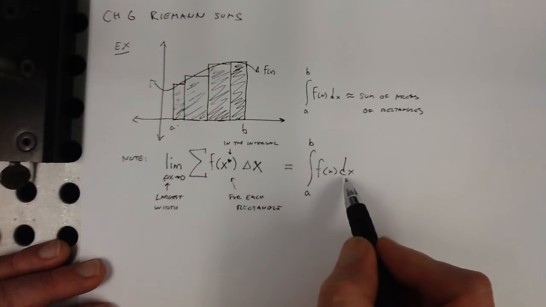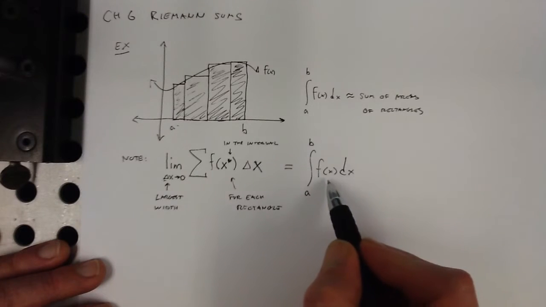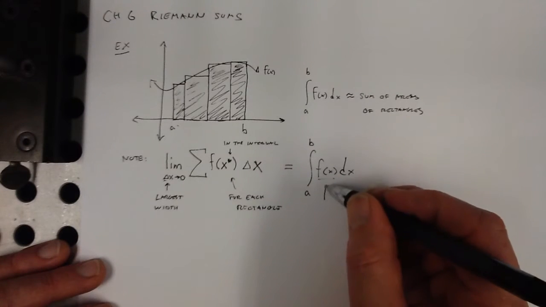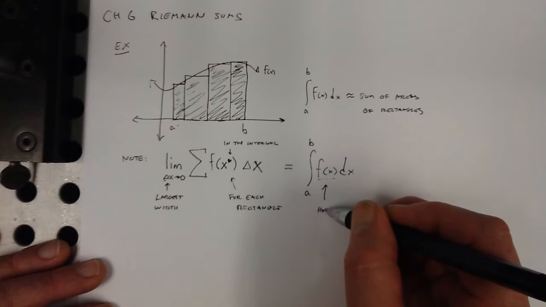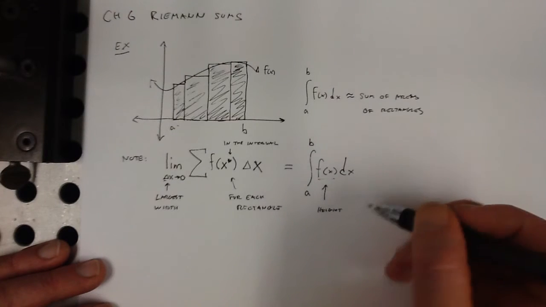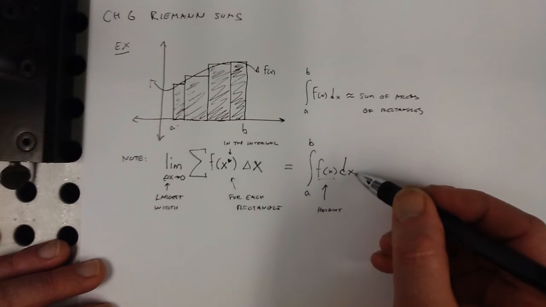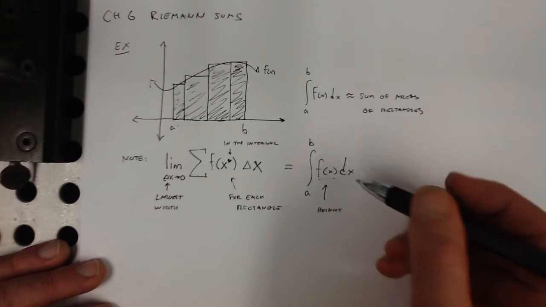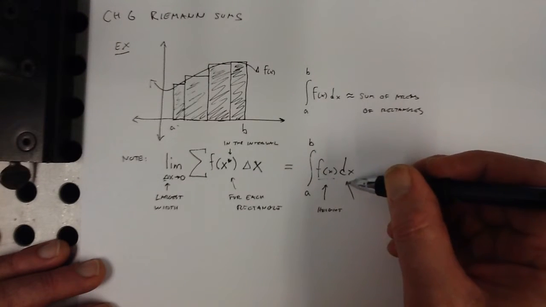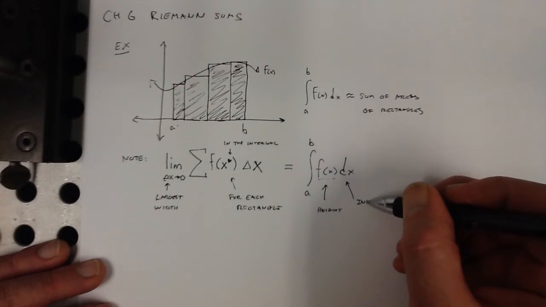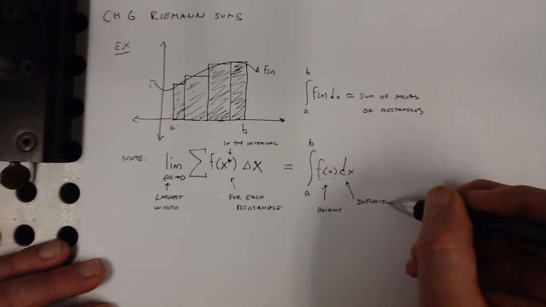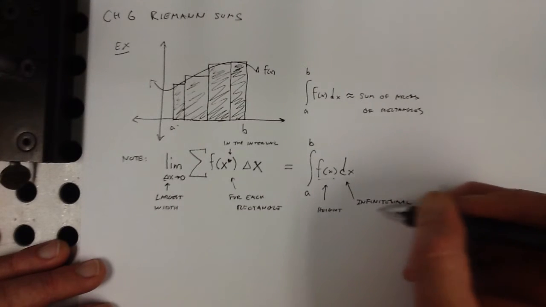And maybe this is the first glimpse that we have to understand why the dx is here. This is like the height, and just like we have dy dx, those things are really things that have approached 0. But here, this is like the infinitesimal width.